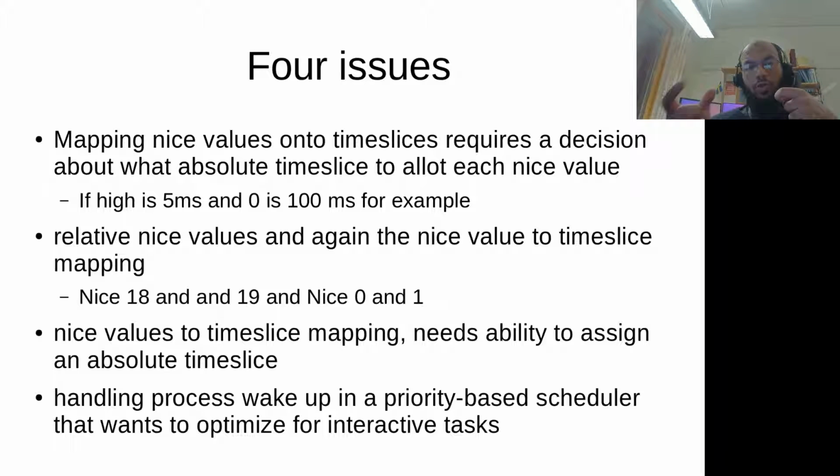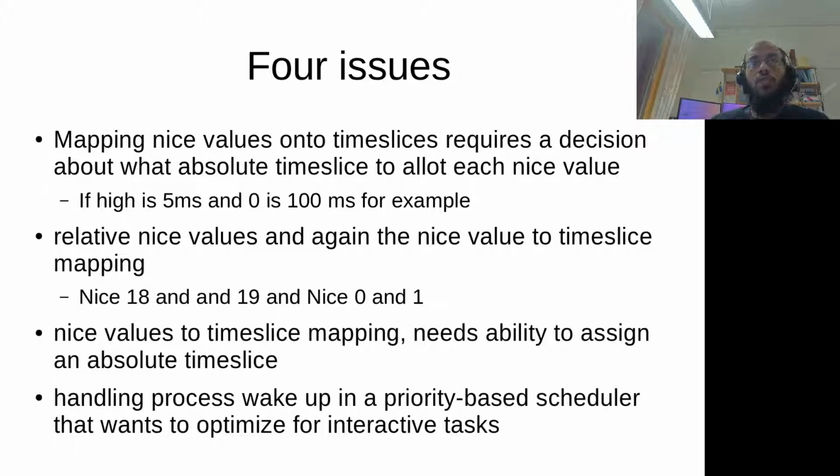Should we make the time slot 1 millisecond, and then the difference between 19 and minus 20 would be 40 milliseconds between them? Should we make it 5 seconds? Should we make it 10 seconds? Should we make it 3 seconds or 3 milliseconds? There is just no way to say that this is the correct time slice, which makes it pretty hard to use such values, because it gets complicated to decide on the number of milliseconds that you want per nice value.